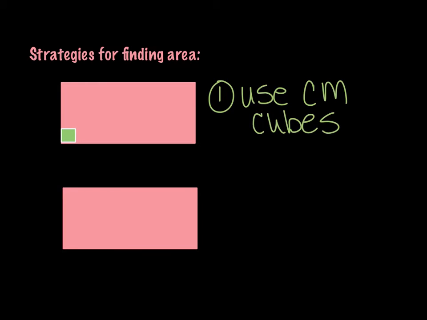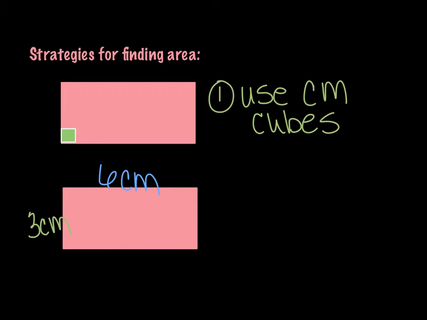The second method is we're going to use the actual measurements of the length and the width of that particular rectangle. So let's say that my width for this rectangle is 3 centimeters and my length is 6 centimeters. How would we use those numbers to come up with some kind of formula?